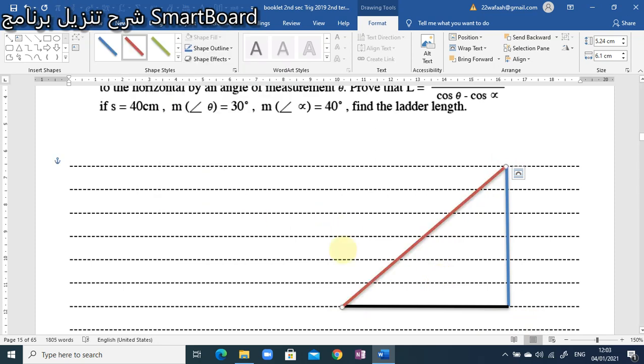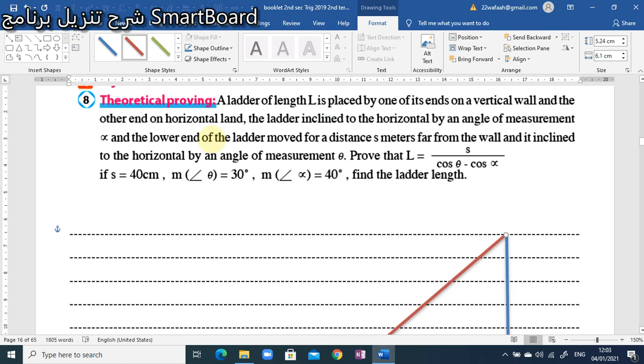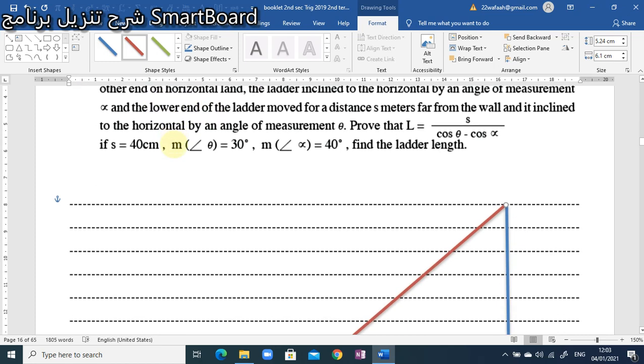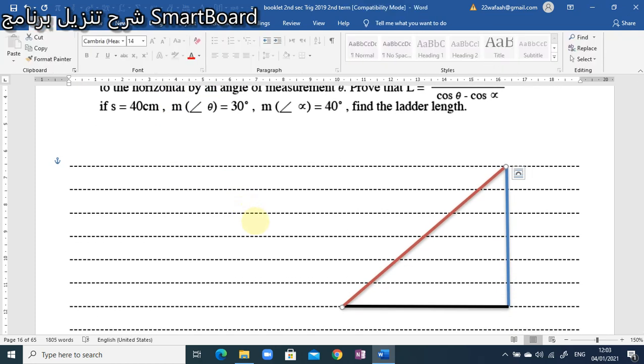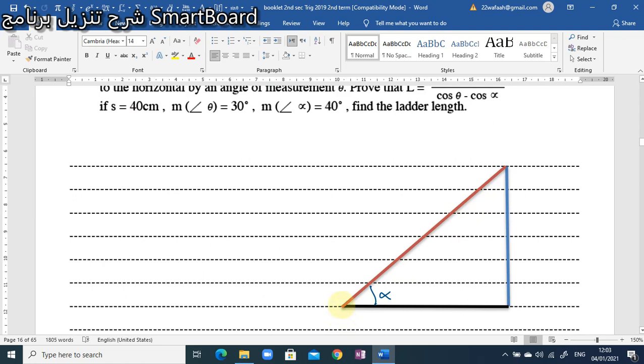So this angle will be alpha, the inclination to the land. Let me continue. And the lower end of the ladder moves a distance S meter far from the wall. This lower end moves S meter.